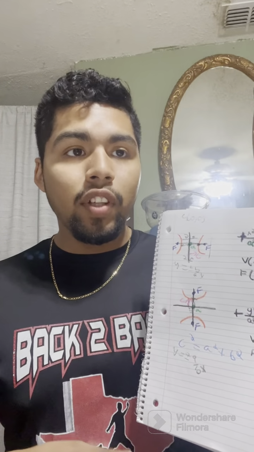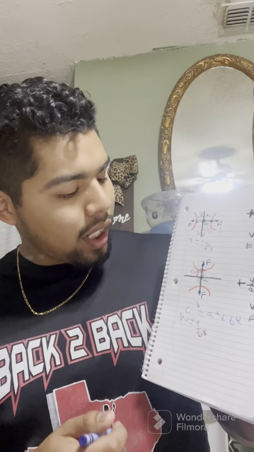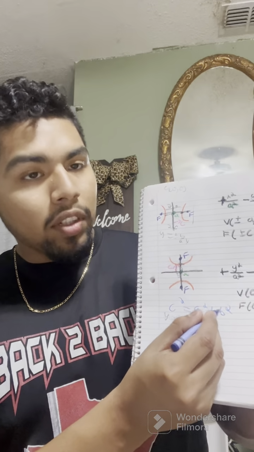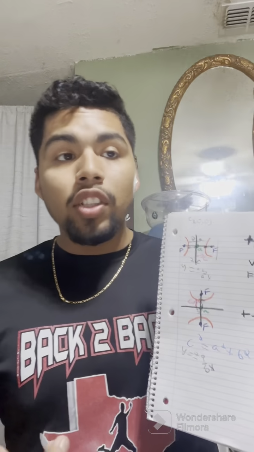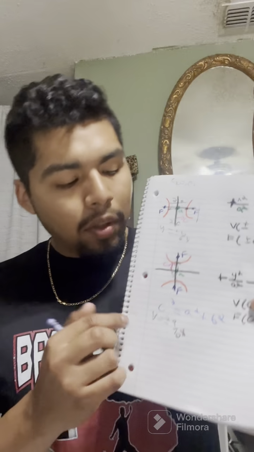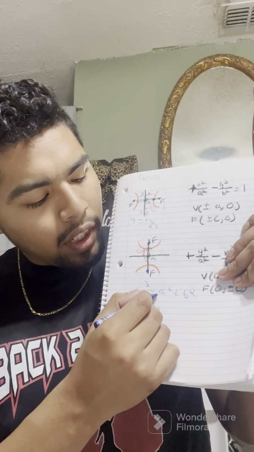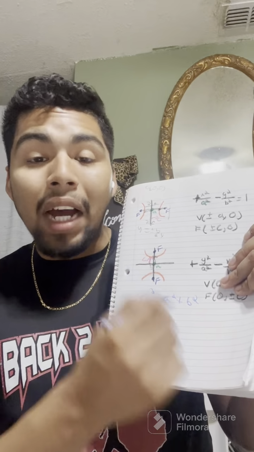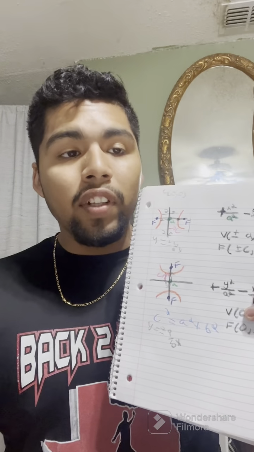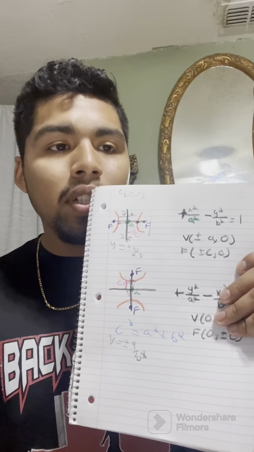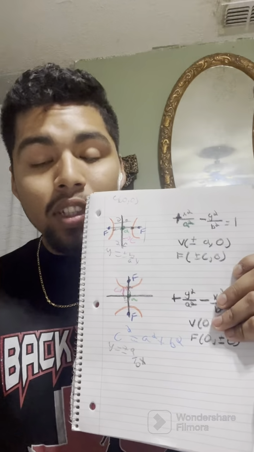And the equation for the hyperbola would be c squared equals a squared plus b squared. In contrast, for the ellipse, it's going to be c squared equals a squared minus b squared. That would be the only difference. You've got to remember that for the hyperbolas, it's a squared plus b squared.